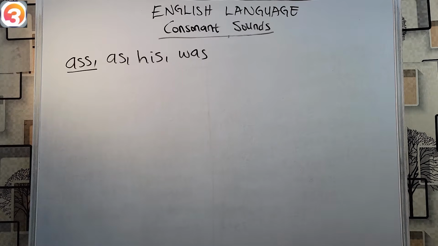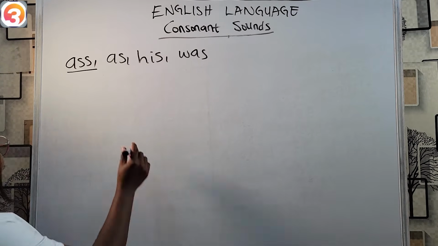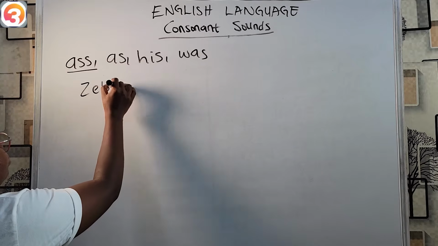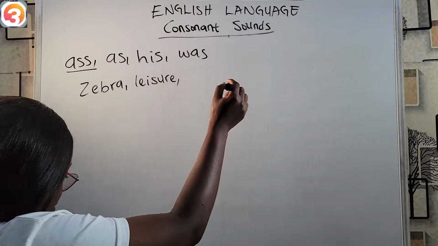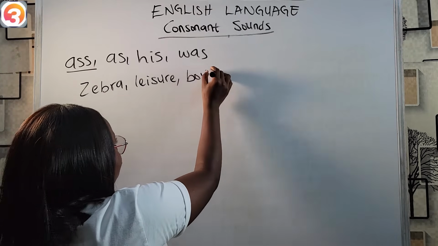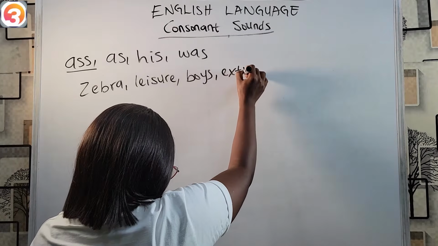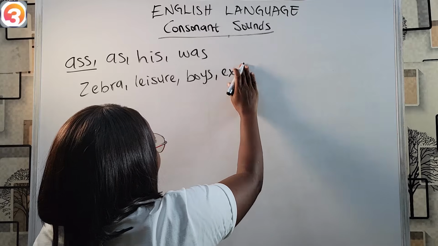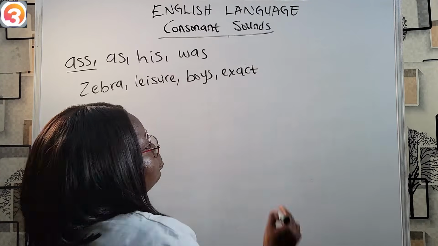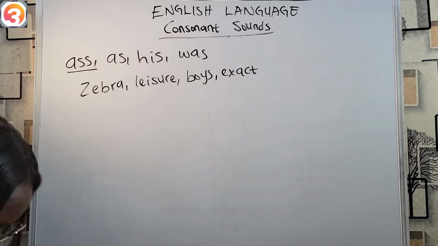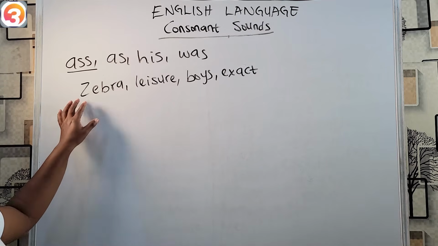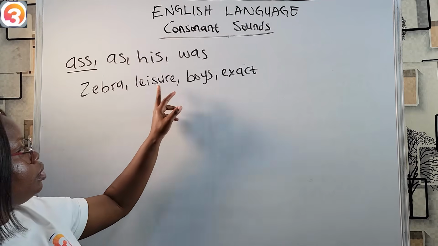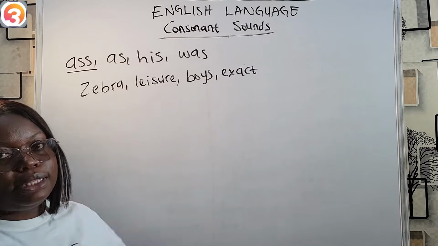So we pronounce the words given. We have zebra, leisure, boys, exact.